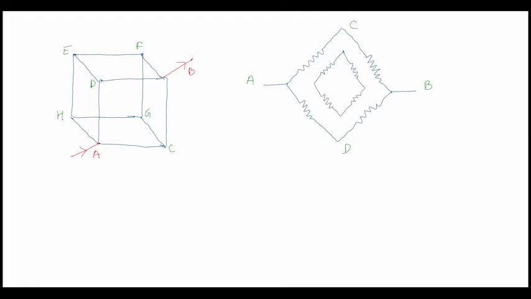Now if I look properly, then I can say that C and G are connected with each other, so I am calling this G. D and E are connected, so I am calling this one E. A and H are connected, so we are calling this H. And then F and B are connected, so we are calling this F.